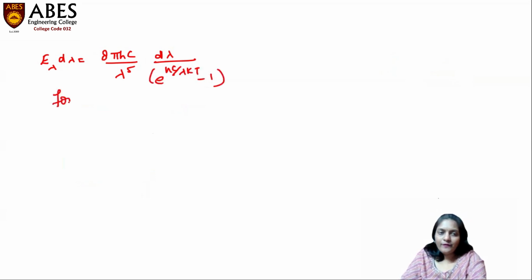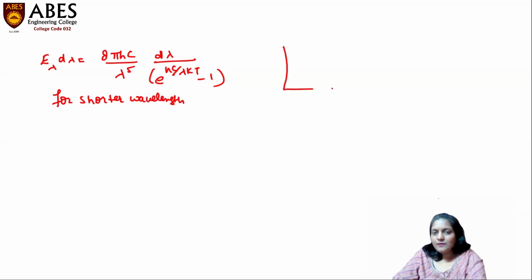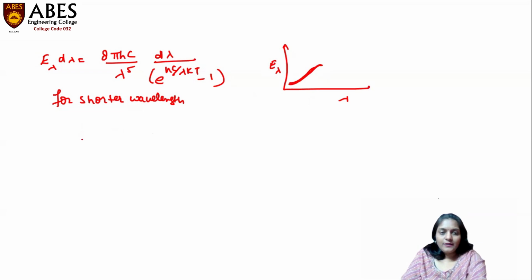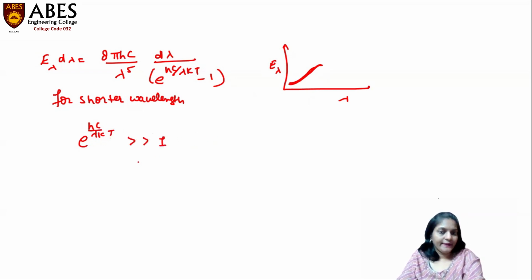So for a shorter wavelength, for this part of the graph, e to the power hc upon lambda kT: when lambda is smaller, then hc upon lambda kT is very, very much greater than 1. So 1 can be neglected.